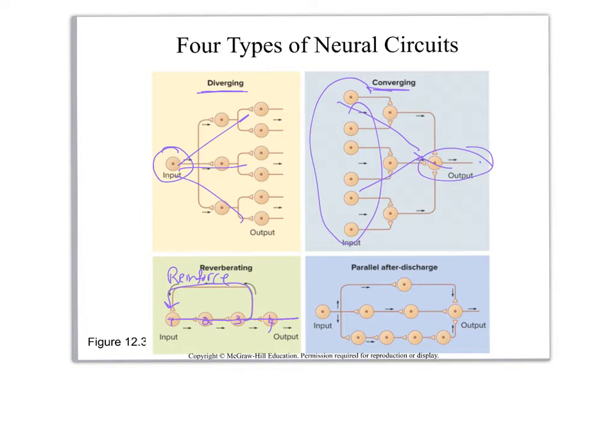Okay. Parallel after discharge. So you've got your input neuron. It's going to talk to some buddies over here. It's also going to have a main pathway. Signal goes this way, signal goes this way, signal goes this way. Oops, sorry, I drew that wrong. What is it doing right here?